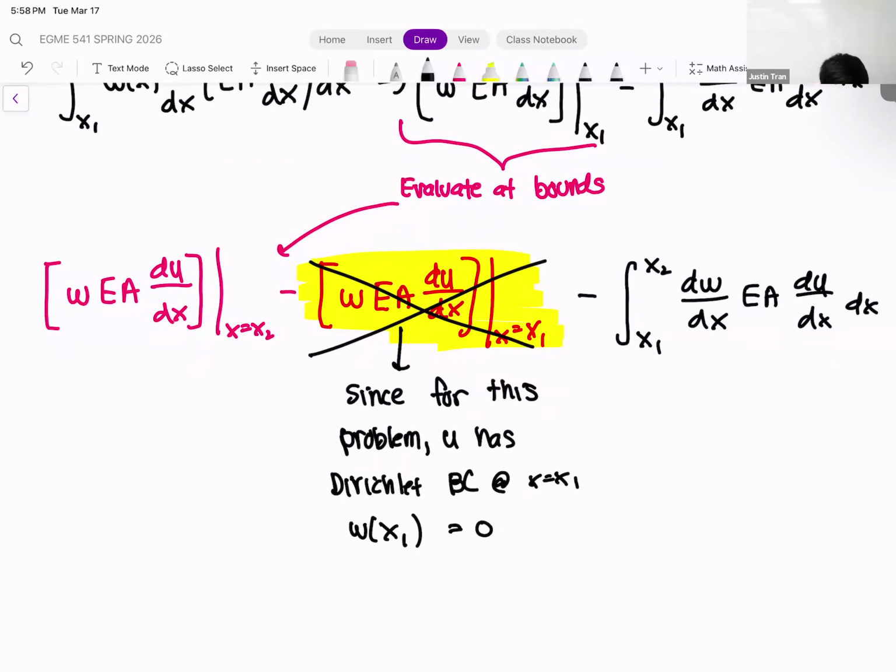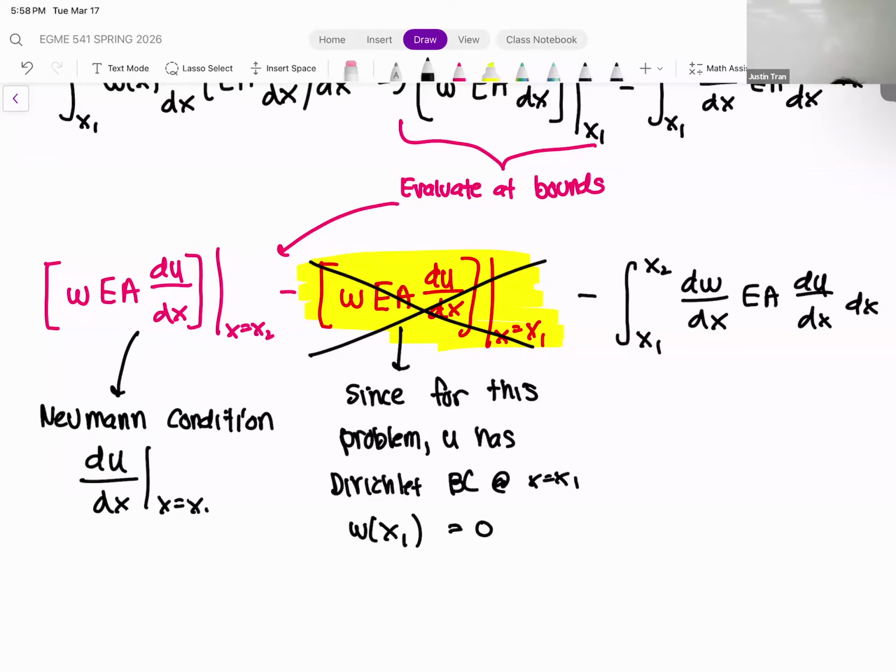Then the other thing that we have here is this other expression, W times E times A times du dx at x equal to x2. This is where we have our Neumann condition. So remember, for this problem, we have du dx at x equal to x2 is equal to gamma naught.